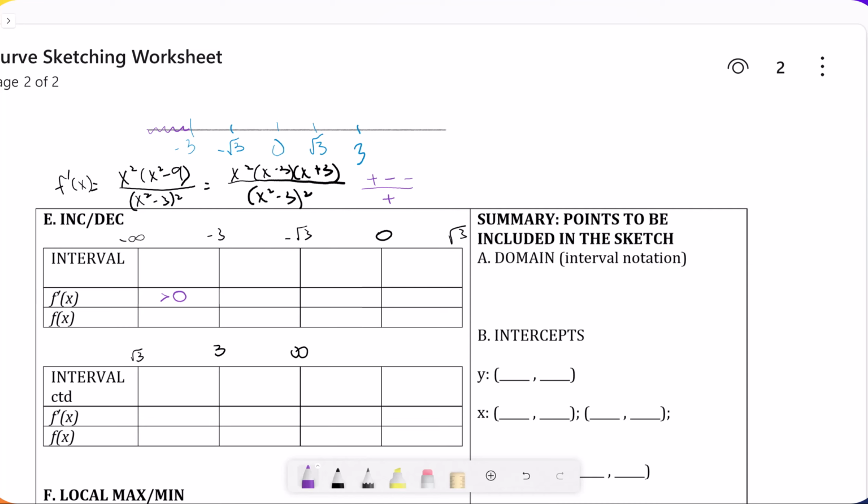If I plug in any number between negative 3 and negative radical 3, so let's choose a negative 2, I get a positive from here, I get a negative from here, I get a positive from here. Okay, so I hope all of this makes sense. So we got positive, negative, positive, divided by positive. Now the denominator is always going to be positive. Why?